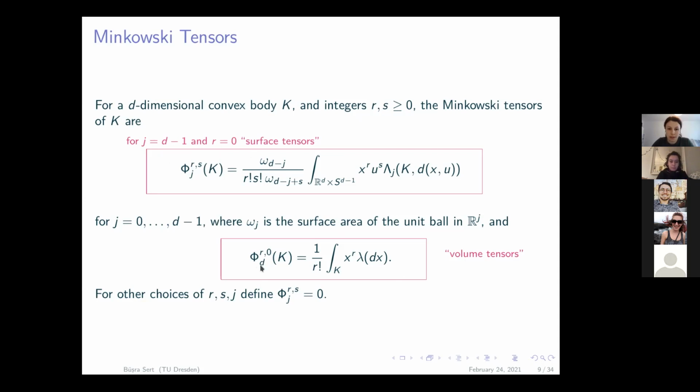When it's d, we consider the whole polytope. When it's d minus 1, we consider the facets of the polytope. And the parameters r and s tell us the rank of the tensor we consider. When we change them, it changes the tensors we put here. Here x to the r is the tensor product of x with itself r times, as I mentioned before.